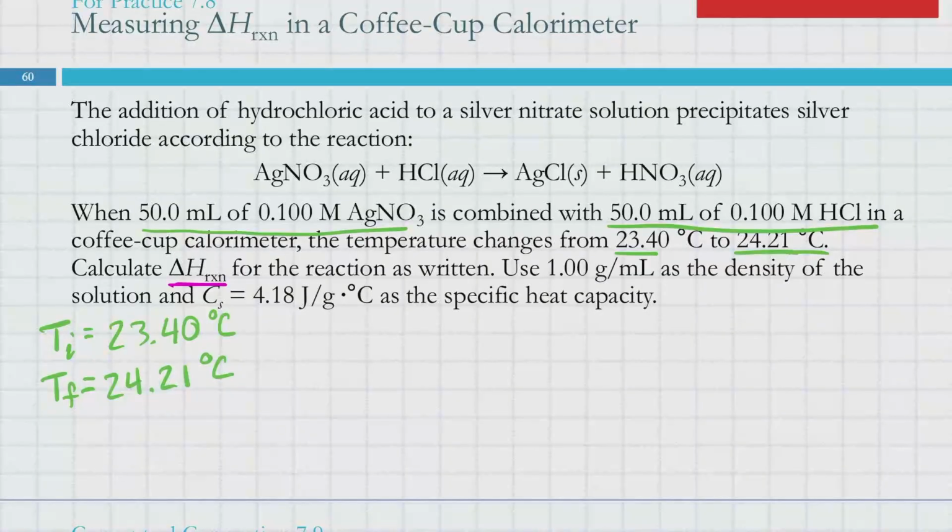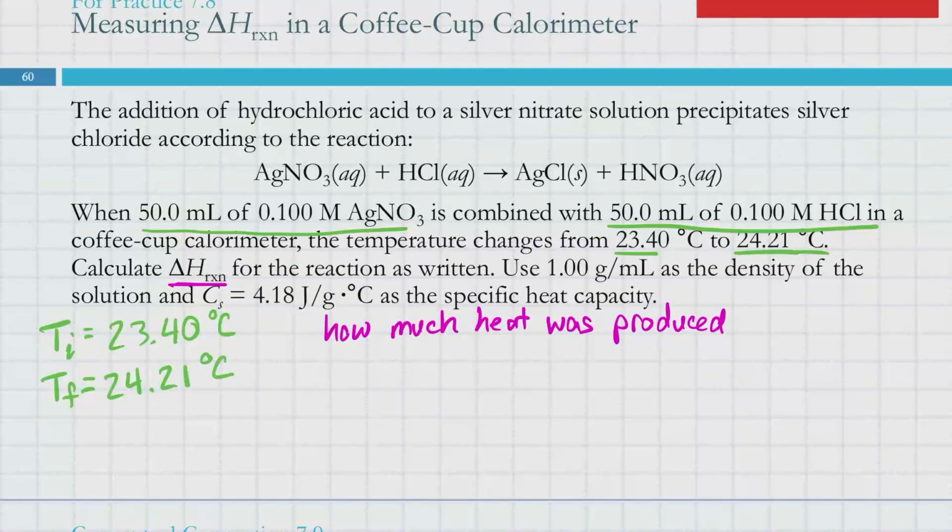So for starters, we need to figure out how much heat was produced. We can measure the amount of heat because we know the amount of solution, and we know that the solution is basically water. We're told to use a C value of 4.18 joules per gram degree Celsius.